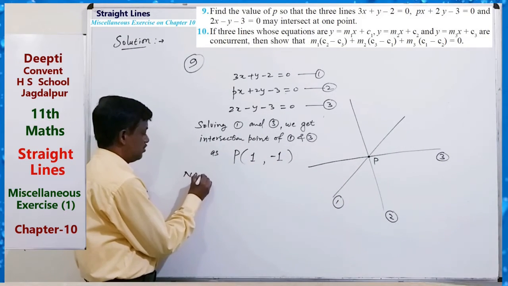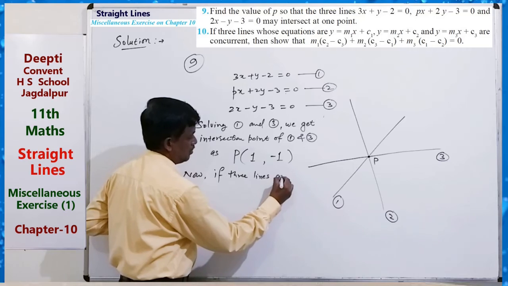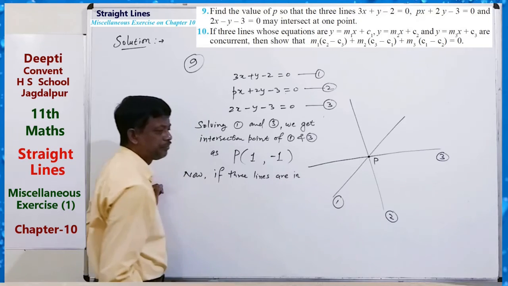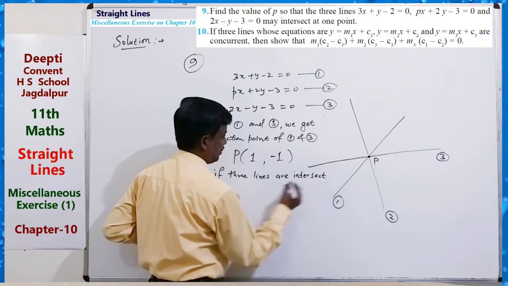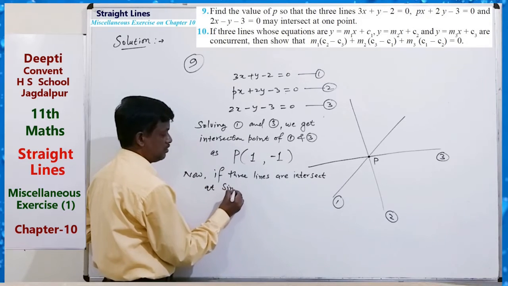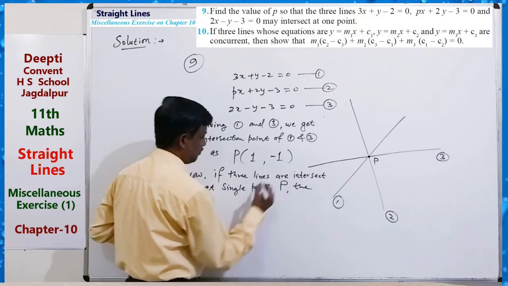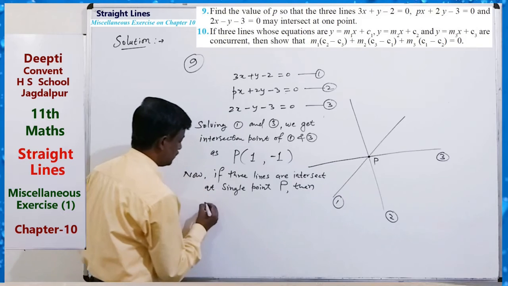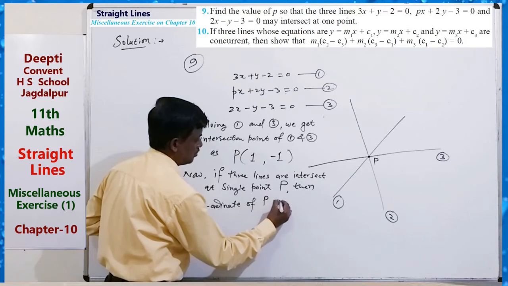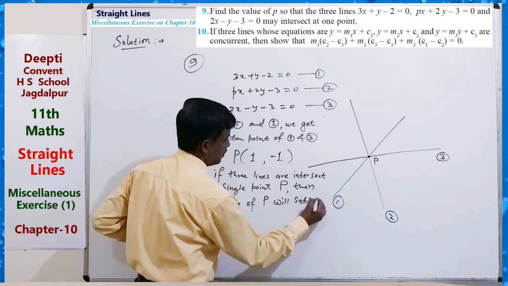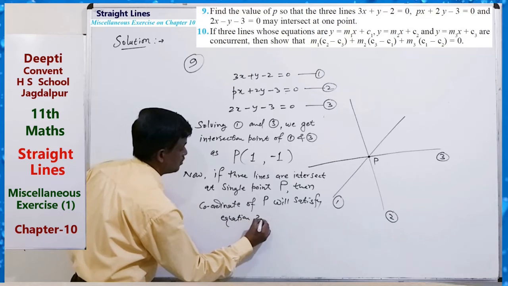Now, if three lines intersect at a single point P, then the coordinates of P will satisfy the second equation.